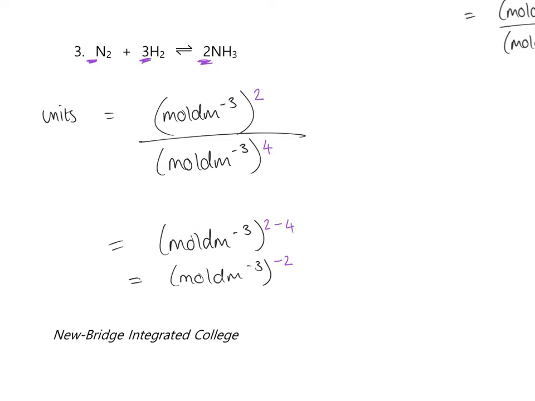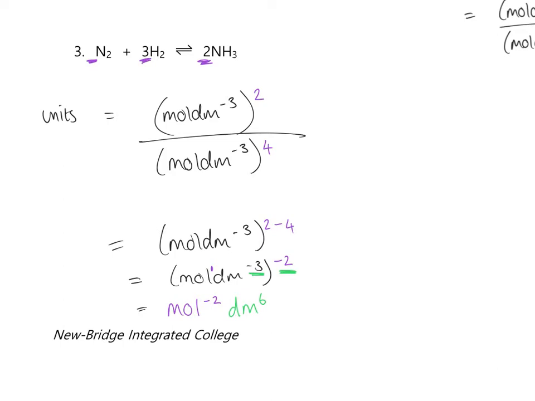So we've got moles technically to the power 1, and then dm to the power minus 3. So let's separate that out. We've got moles to the power 1 times minus 2, so that's moles to the minus 2. Then we've got decimeters to the minus 3 times minus 2. Minus 3 times minus 2 is 6. So it's actually moles to the minus 2 decimeter to the power 6.